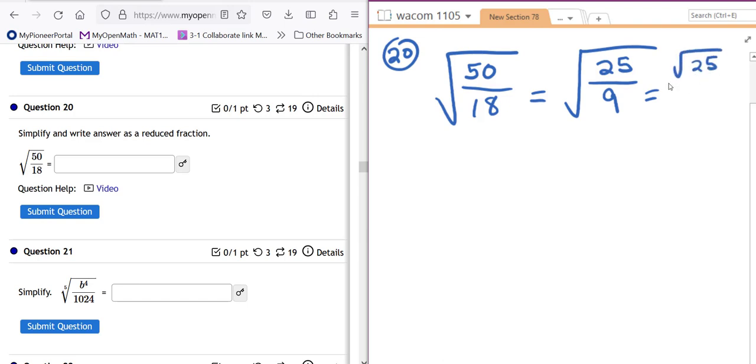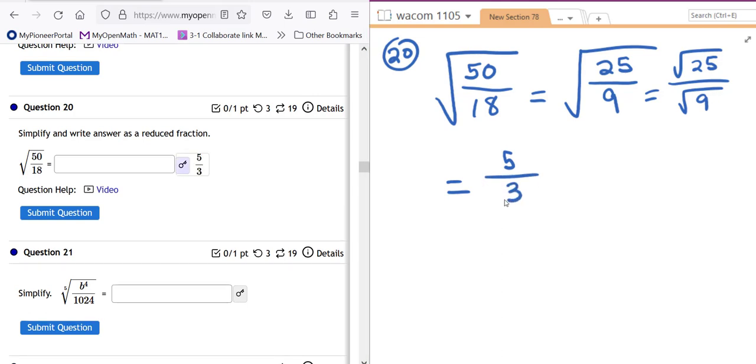So we'll break it apart. The radical with the numerator, radical with the denominator, and square root of 25 is 5, square root of 9 is 3, and it's done. So if there's something common between this numerator and denominator in the fraction under the radical, reduce it first.